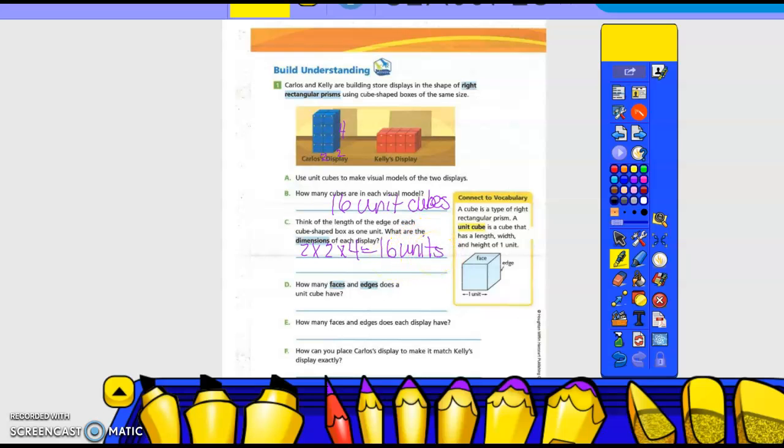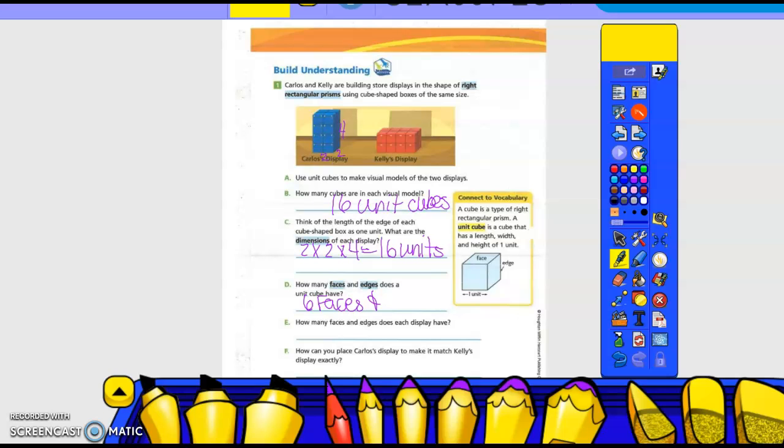How many faces and edges does a unit cube have? So right here over in our connected vocabulary, here's the faces. So how many faces does a unit cube have? 6. Okay, so 6 faces. And so edges, that's where the faces meet, right? Okay.